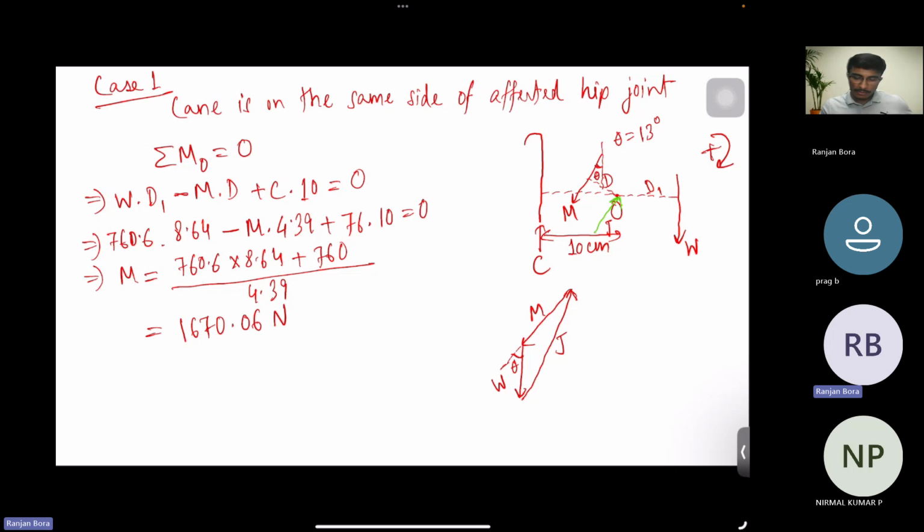So in this case, what will be J? The formula for J is square root of M square plus W square minus 2MW cos theta. Sorry, plus, because we are taking theta as this angle.